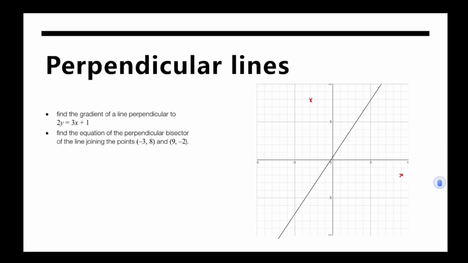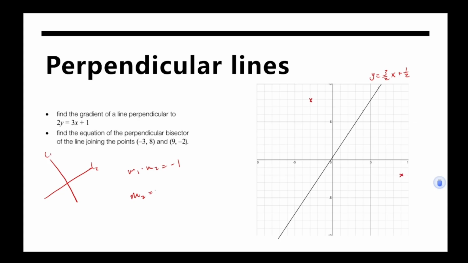Now move on to the last, perpendicular lines. Here's the line 2y equals 3x plus 1. And in slope-intercept form, this would be y equals 3 over 2x plus 1. For a line to be perpendicular, this is L1, this is L2. Just remember that m1 times m2 equals -1.